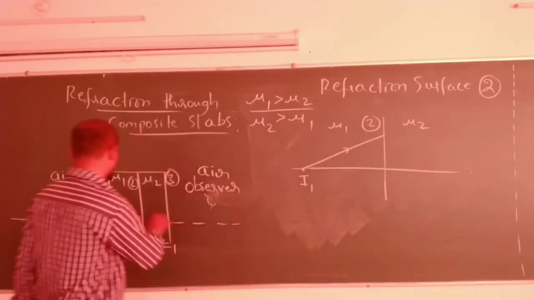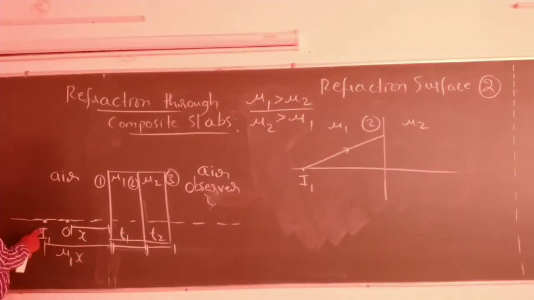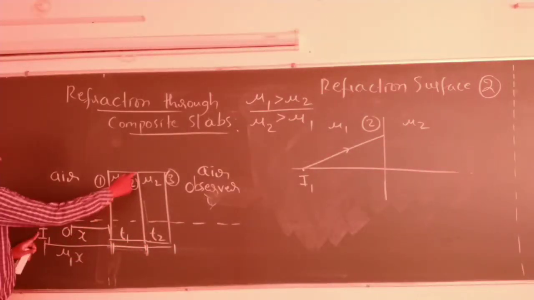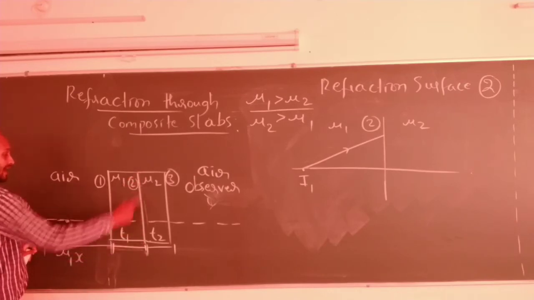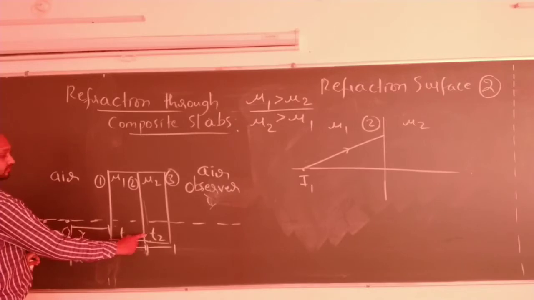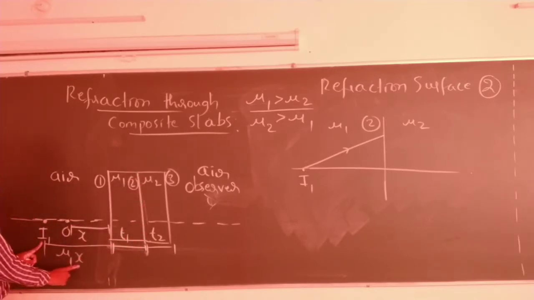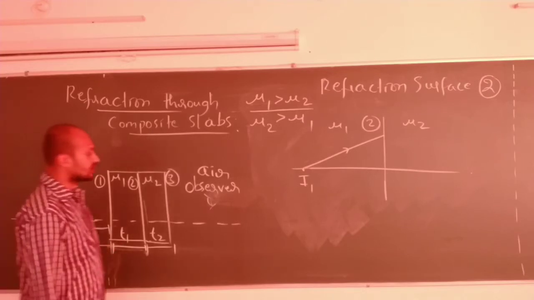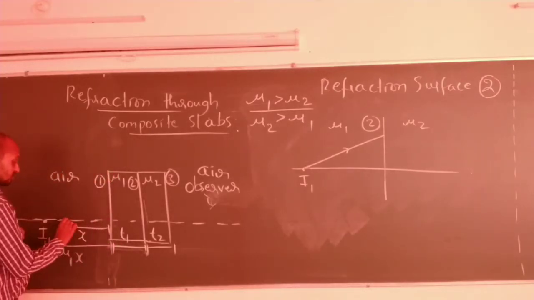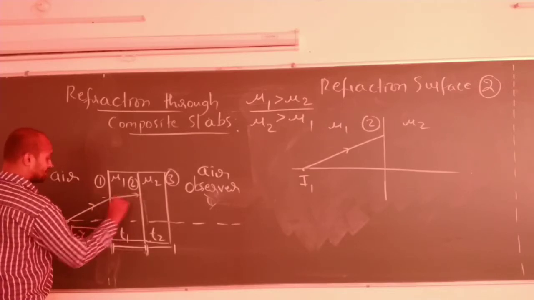Look at this surface. I1 acts like an object to this surface. This I1 distance from this surface is how much? Mu1x plus T1. Yes or no? Because you see here, if I draw one line, it is going to bend in such a manner.